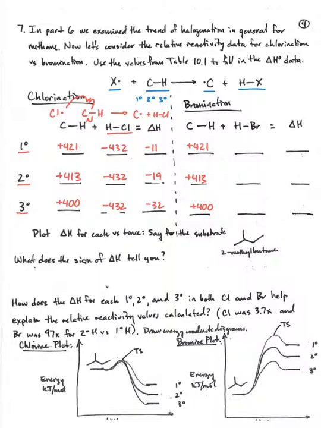A primary hydrogen evolves negative 11 kilojoules per mole, a secondary negative 19 kilojoules per mole, and a tertiary hydrogen negative 32 kilojoules per mole.